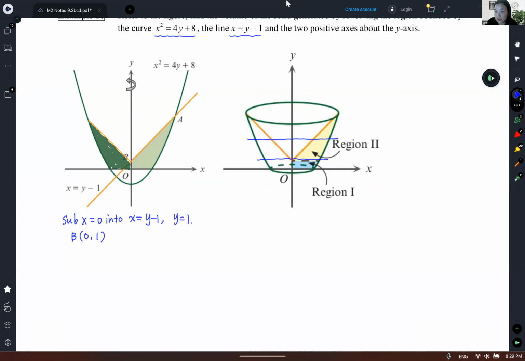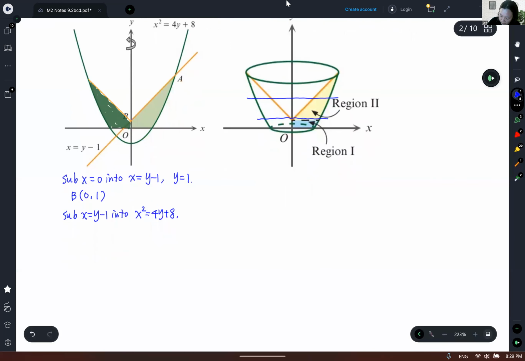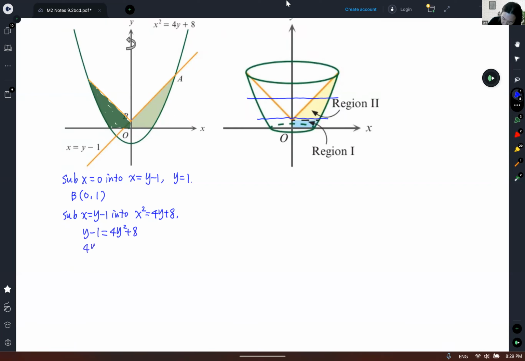Also, I need to substitute x equal y minus 1 into the parabola, and that is y minus 1 equal 4y squared plus 8. So 4y squared minus y plus 9 equals 0.